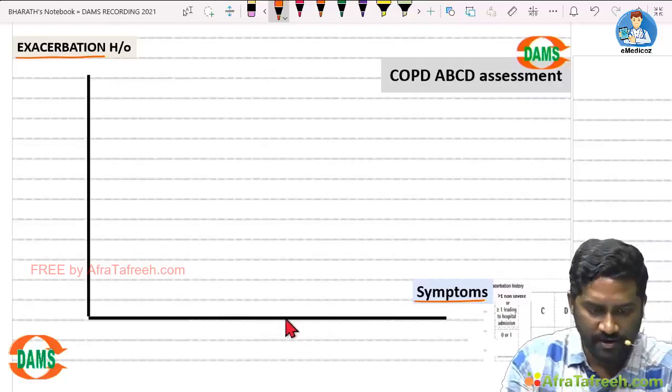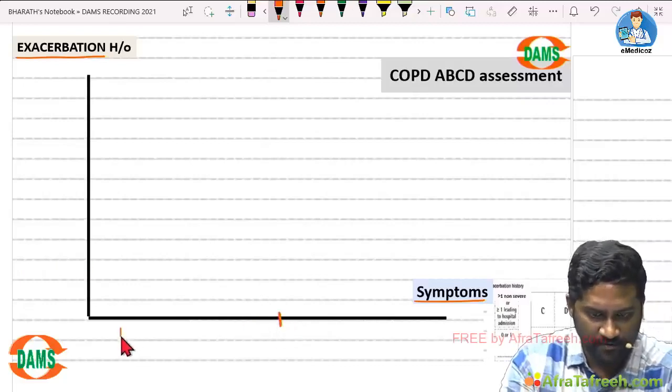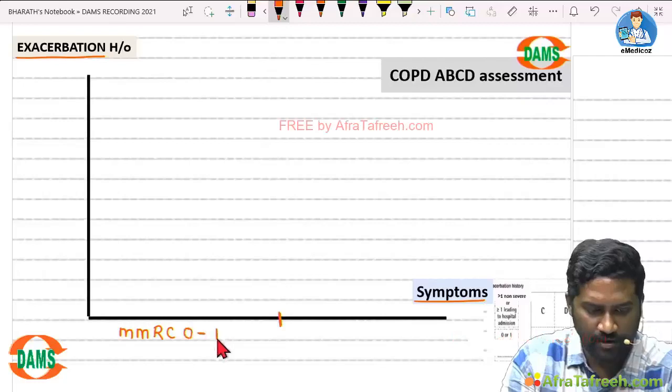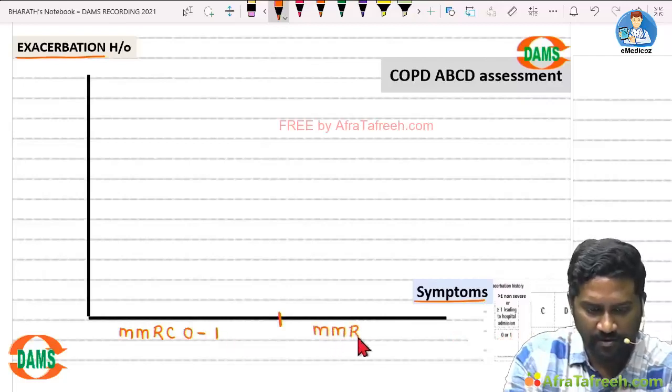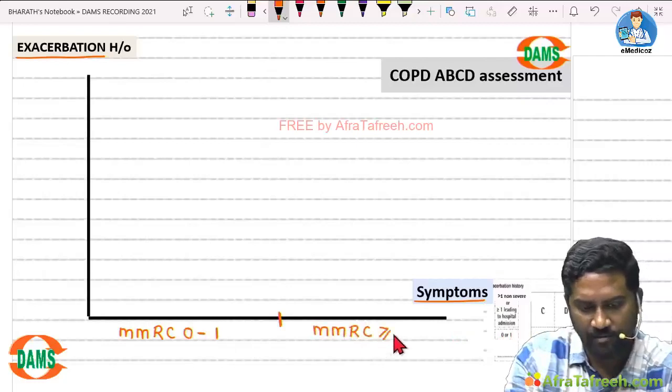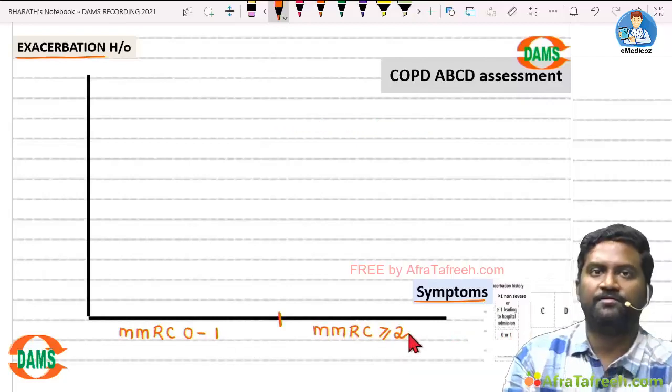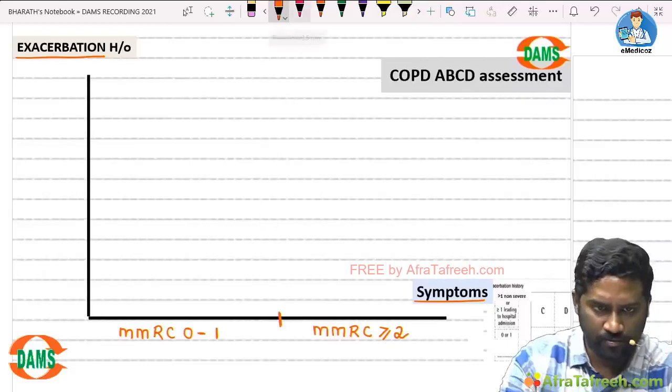Symptoms I am dividing into two. Less symptoms means patient is having shortness of breath in the grades 0 to 1. More symptoms means patient is having shortness of breath MMRC more than or equal to 2.